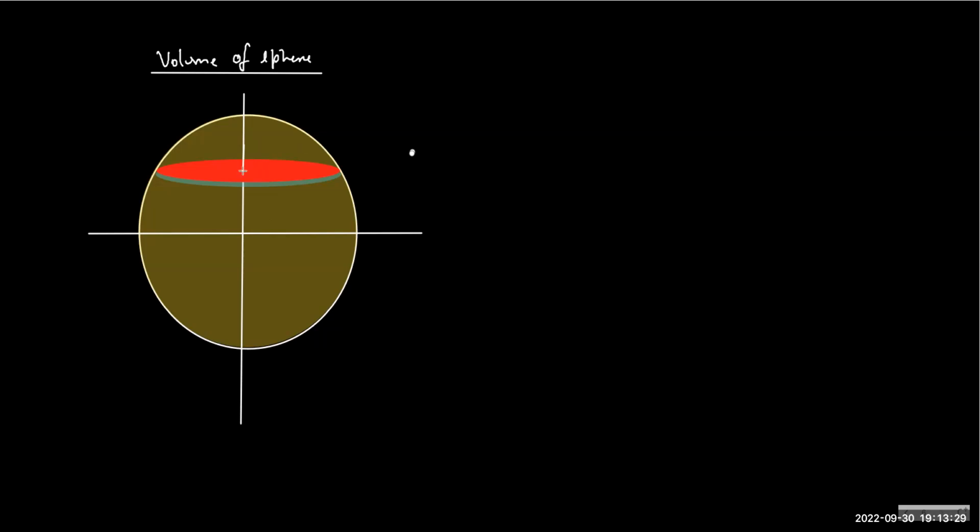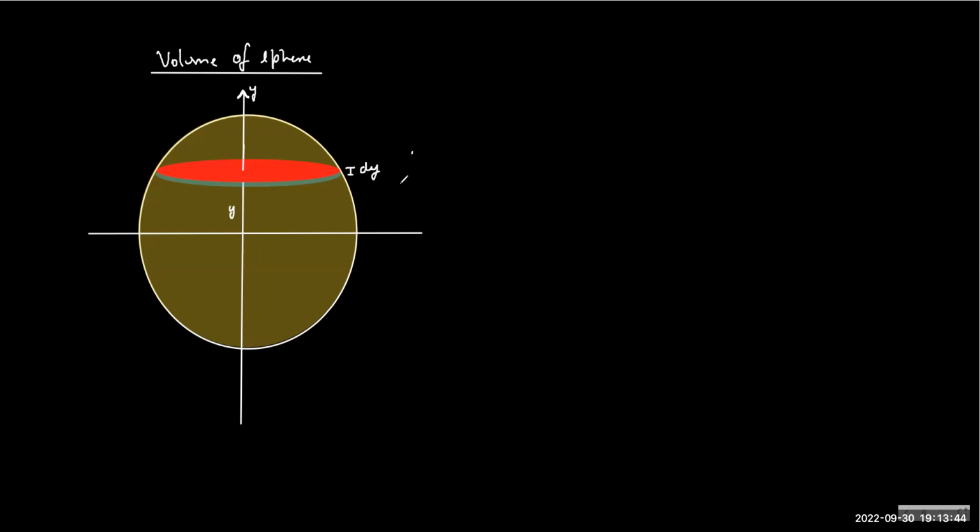So let's say this slice is cut at a height y, because we are looking for vertical height, and this is the axis of this disk. If this is y, I can call this thickness dy.